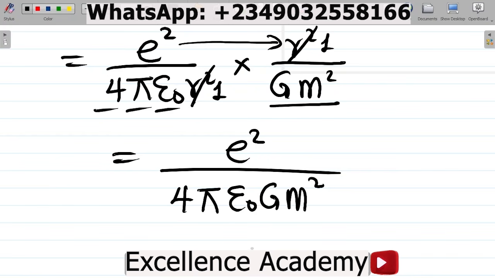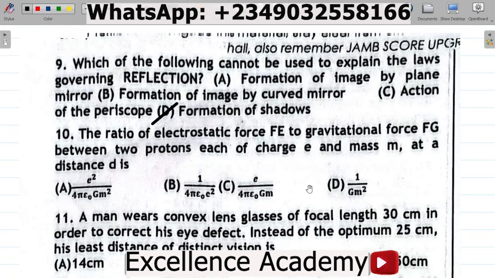So E squared all over 4 pi E naught G m squared. So let's see, do we have any option like that? Looking at the options here, obviously the correct answer is option A, which is E squared all over 4 pi E naught G m squared. Yeah, that's the correct answer.